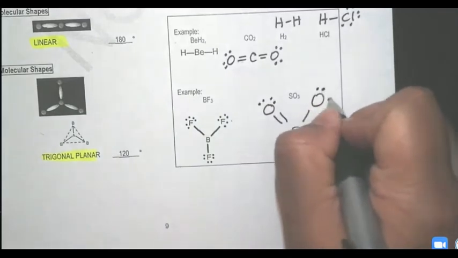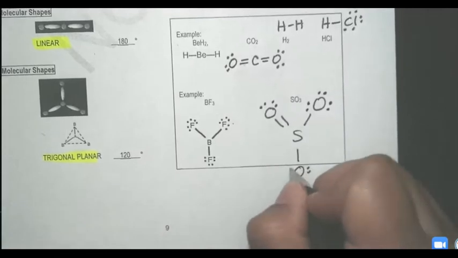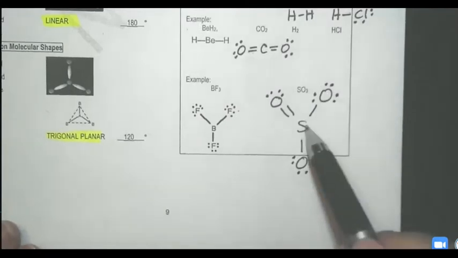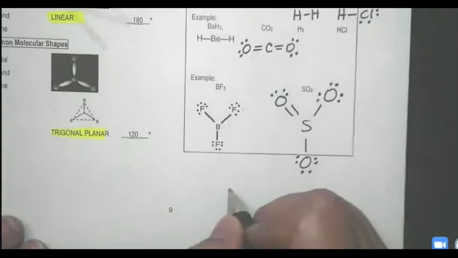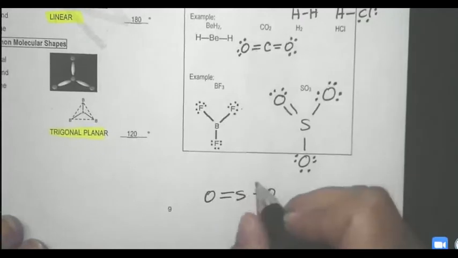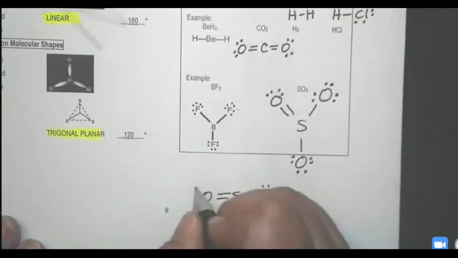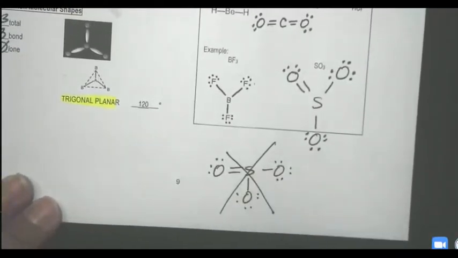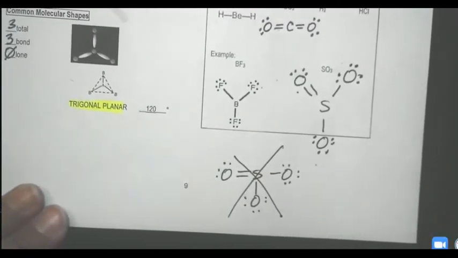Yes, this does have resonance, but for the sake of notes, I'm just going to draw one of them. Because we know that electrons need as much space as possible, you can no longer draw it like this. I would not give you credit for the shape if you drew it like a T, because you want to give these pairs as much space as possible.